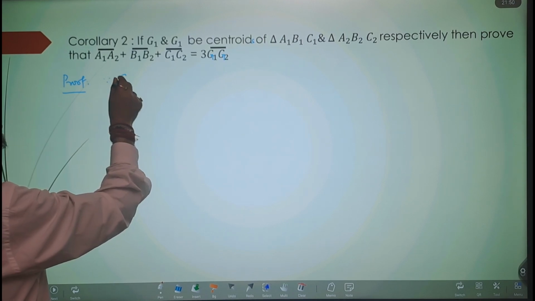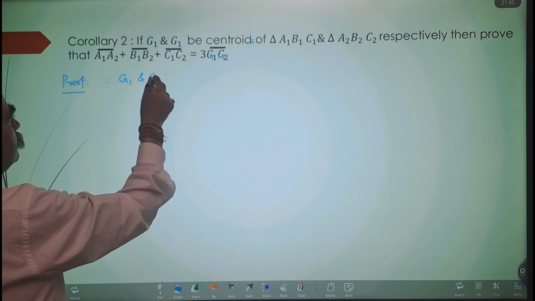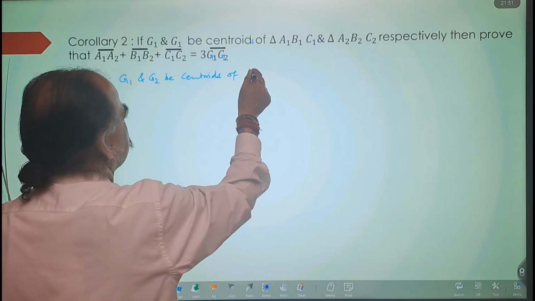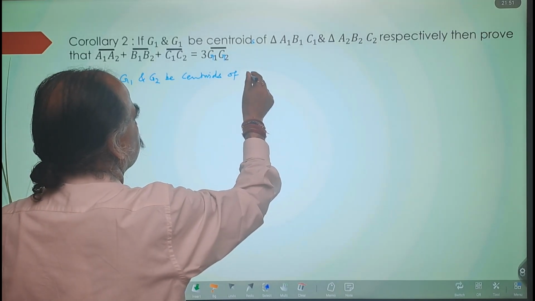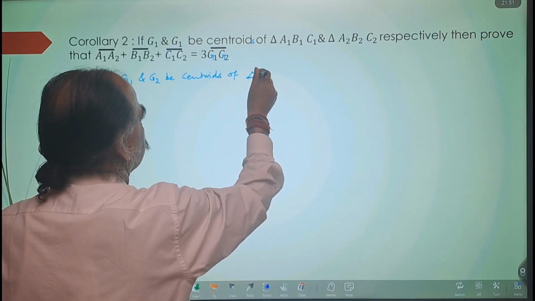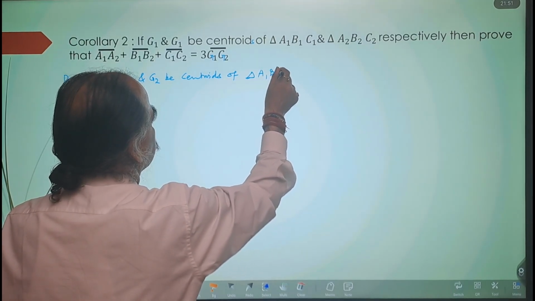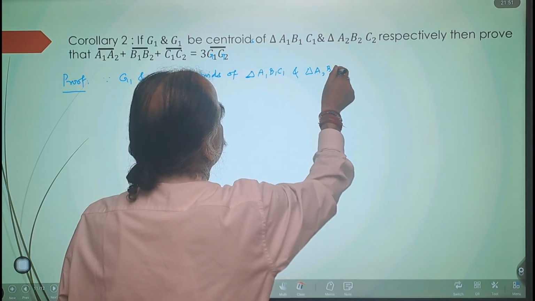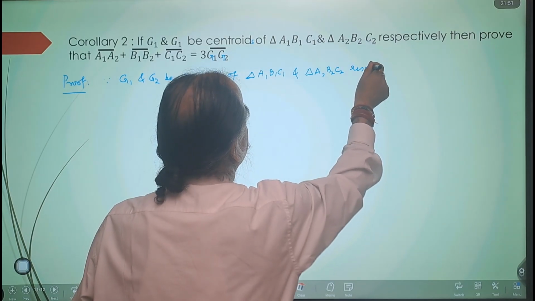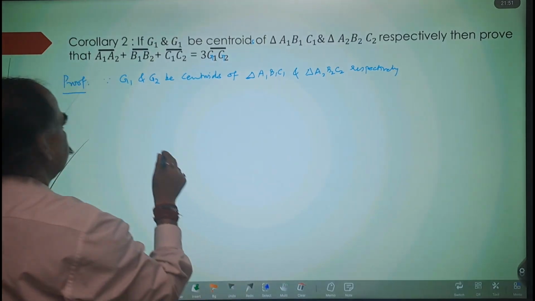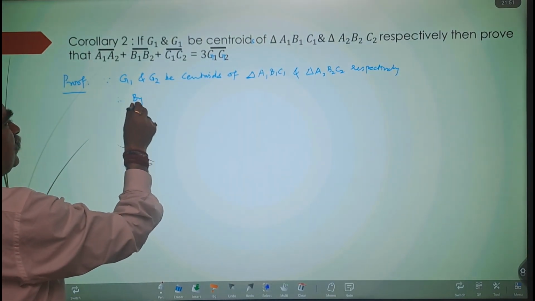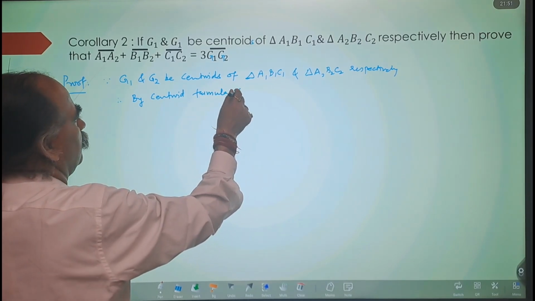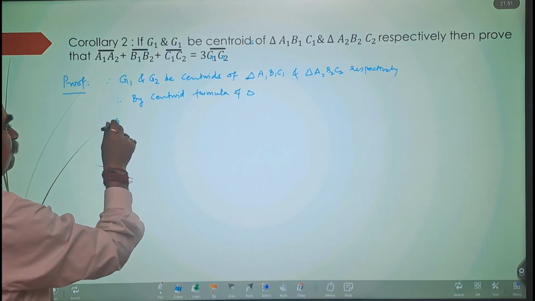Since G1 and G2 be centroids of triangle A1, B1, C1 and triangle A2, B2, C2 respectively, therefore, by centroid formula of triangle, G1 bar will be what?